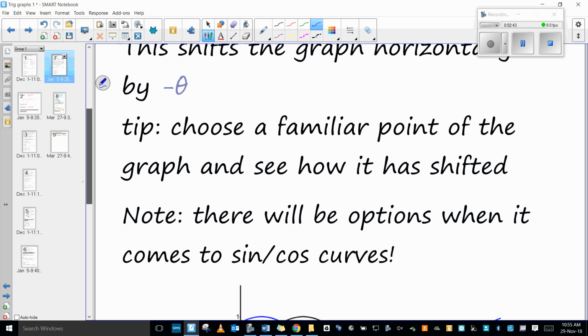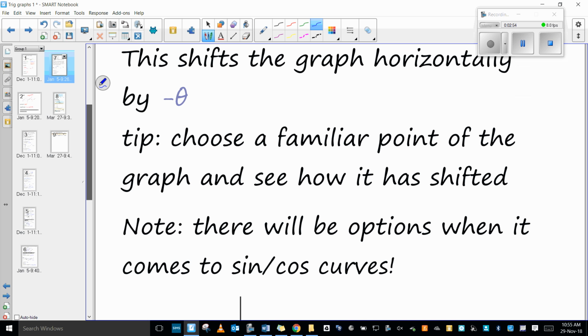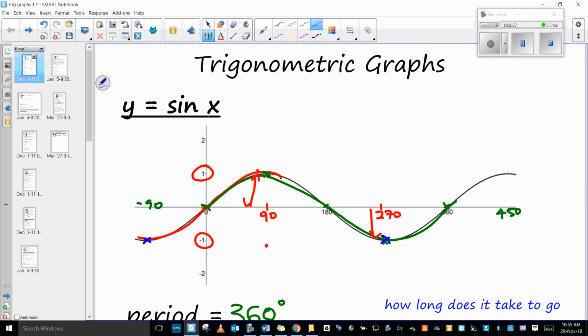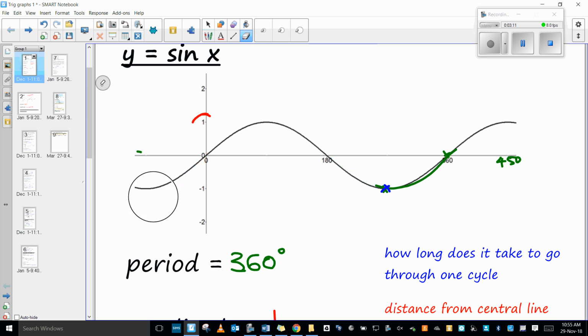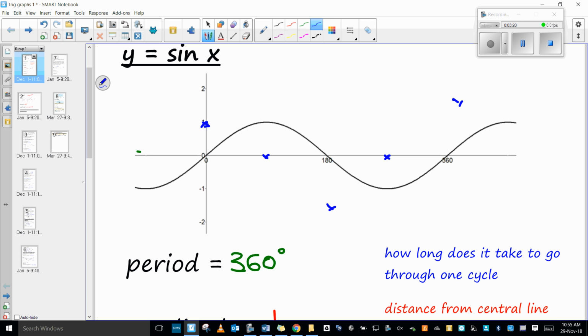Another note is there will be options when it comes to sine or cos, because the whole nature of the graphs is that they are translations of each other. So if we go back to the originals, if I was to draw the cos graph, okay, so there's my cos graph on the same axes as my sine.